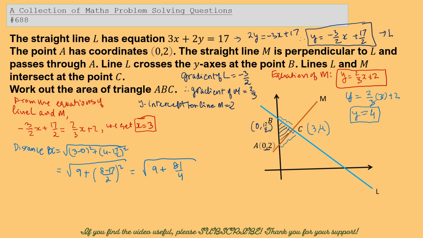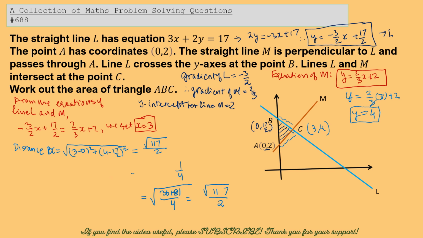That equals the square root of 36 plus 81 out of 4, which is the square root of 117 out of 4. So the distance BC equals the square root of 117 out of 2.